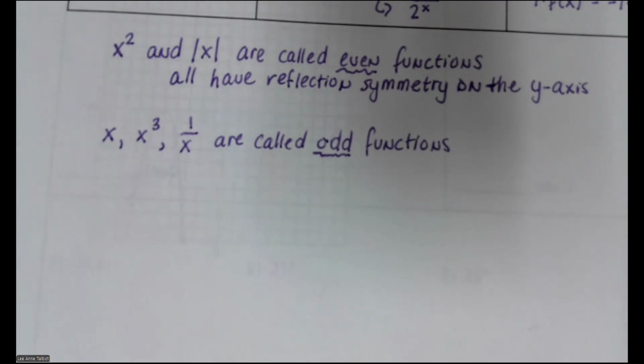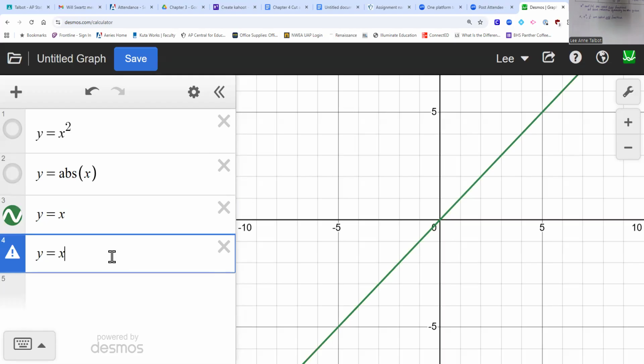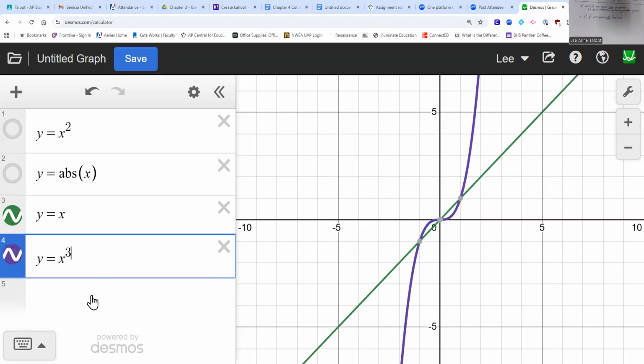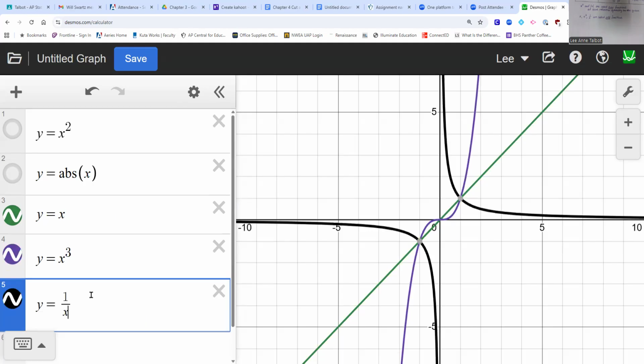Okay, so let's look at Desmos again. I'm going to turn these two guys off. Y equals x. It was x cubed. And y equals 1 over x. Okay, what is this? Search your math 2 brain. What is this called?